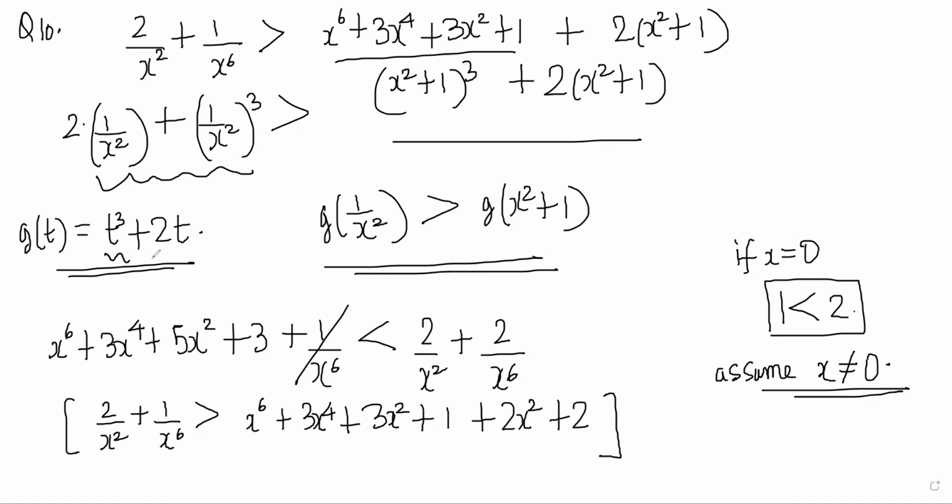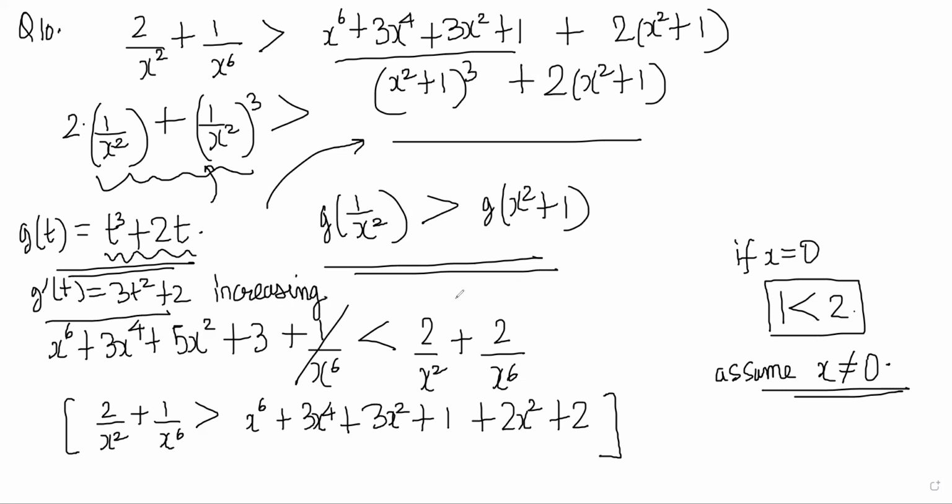Can you see that this function fits both the conditions? G of 1 by x square is this, g of x square plus 1 is this, and you can easily see here g dash t is equal to 3t square plus 2. So g is an increasing function.